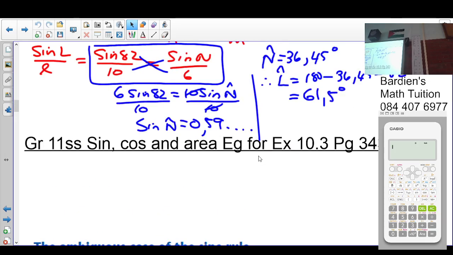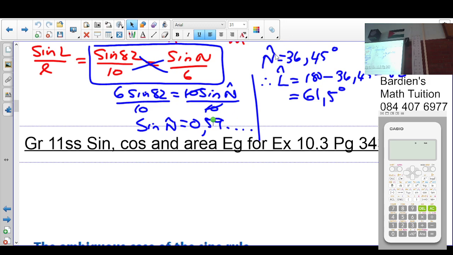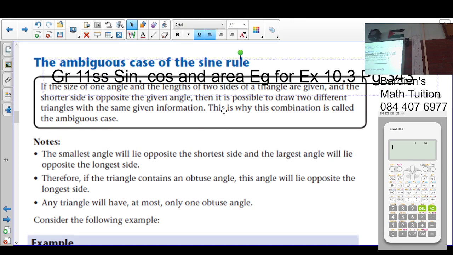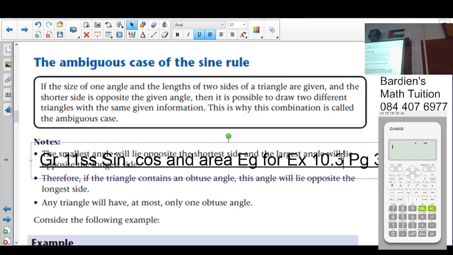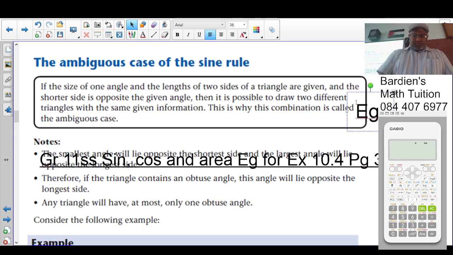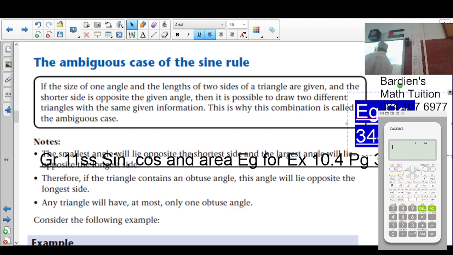These are the examples for exercise 10.4, and exercise 10.4 is on page 340. The examples for this are on page 344.